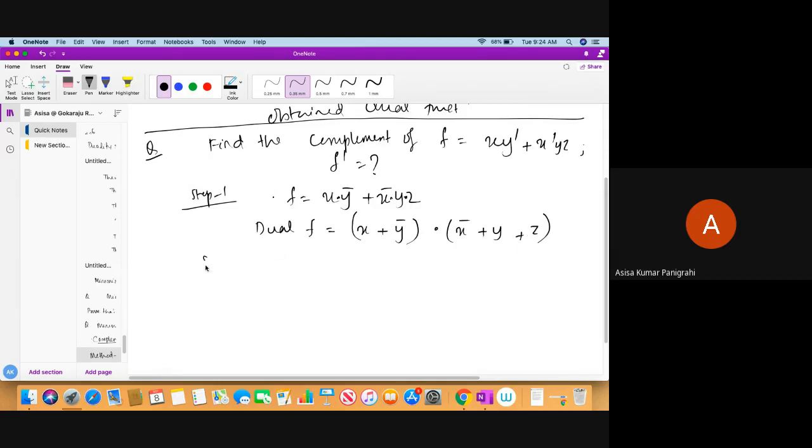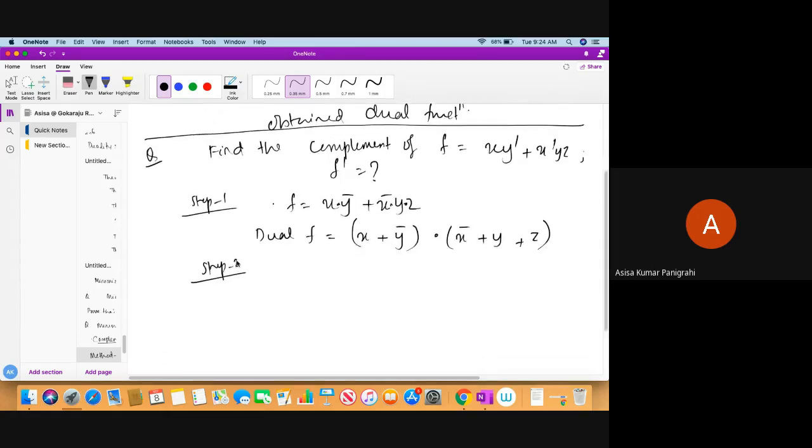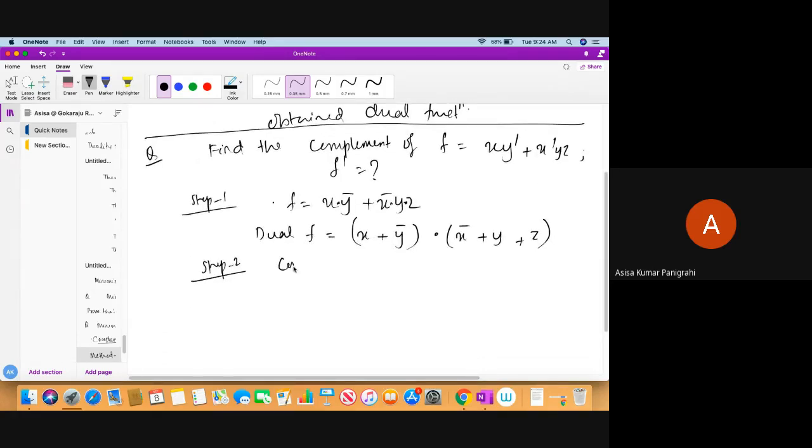Okay. Next, step 2 is what? Step 2 is nothing else, complement each literal of the dual of f. Okay, if you do that, I'll get f bar. So f bar is what? Complement of each literal.